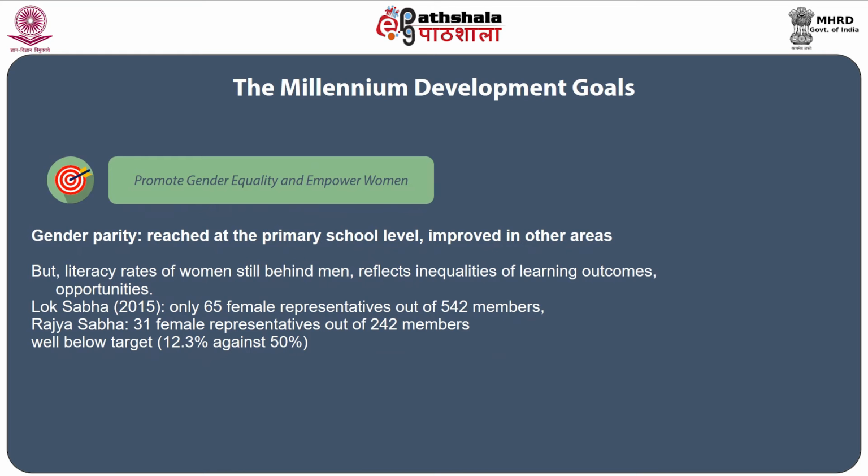In Lok Sabha, in 2015, it has been emphasized that only 65 female representatives out of 542 members, and 31 female representatives out of 242 members in the Rajya Sabha, disproportionate for the national parliament and well below the target, at 12.3% against a target of 50%.